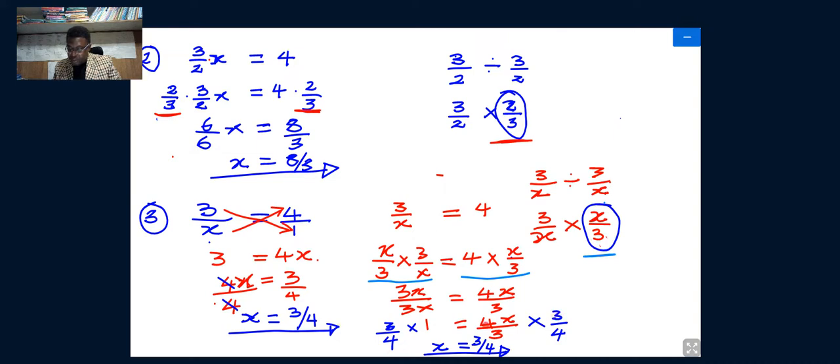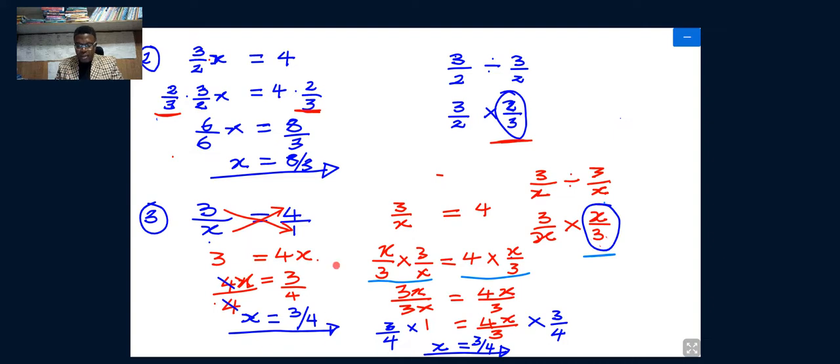We are going to get 4 times 3, 12, and 3 times 4, 12. 12x over 12. 12 divided by 12 is 1. x is free. We have our x alone. And we have 3 over 4 times 1, which is 3 over 4. You see, this method and that method, it's the same thing.